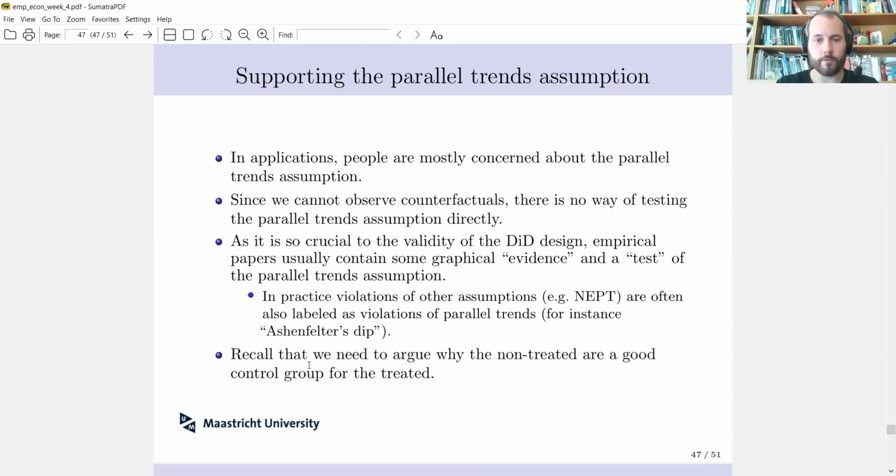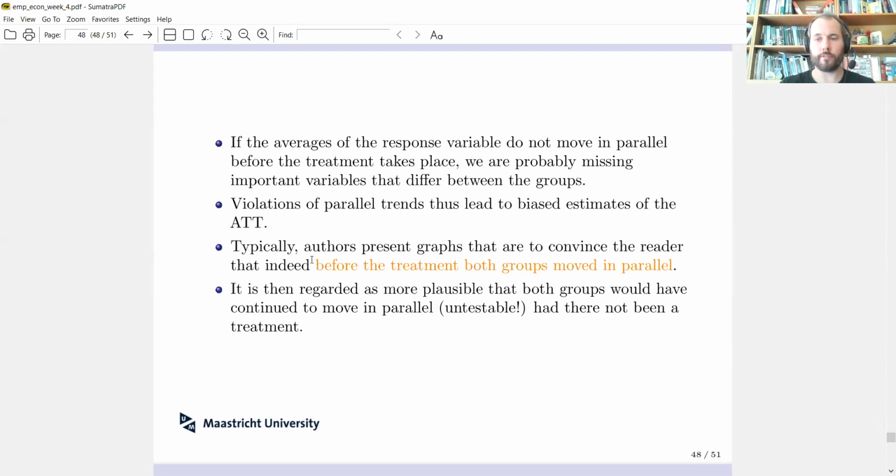We want to see a graph where before the treatment, let's say we have 10 time periods before the treatment, and we see there's change in the outcome variable, but everything moves exactly parallel in the treatment and control. And then what we want to see is that after the treatment takes place, poof, big change.